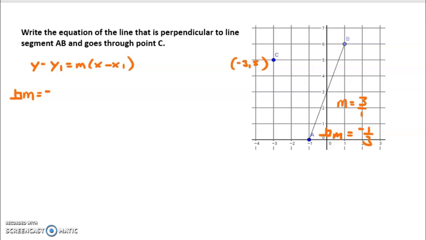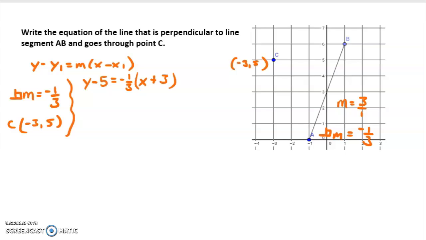So we're going to go with negative 1/3. We want to go through C, which is negative 3, 5. All right, here we go. So y minus your y coordinate is going to be equal to slope, which is negative 1/3, times x minus your negative 3, so x minus a negative, so plus 3.